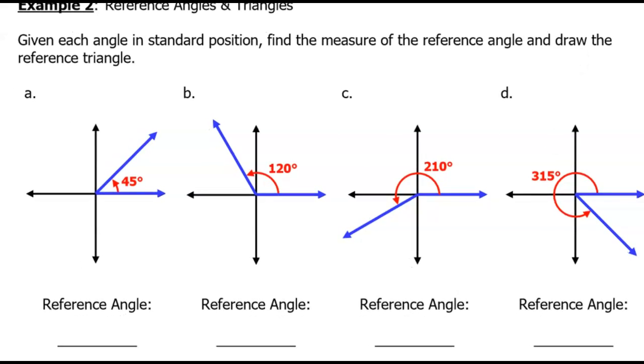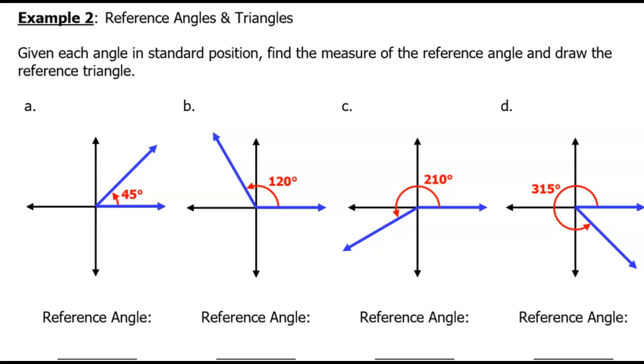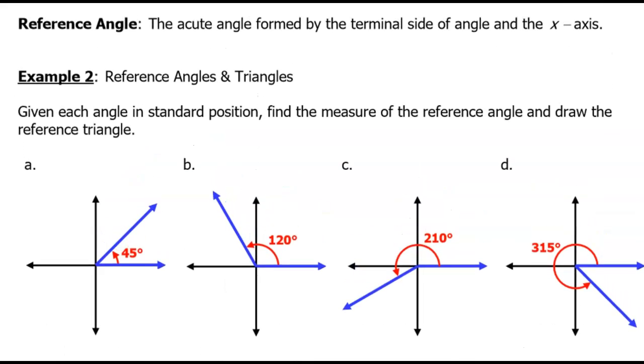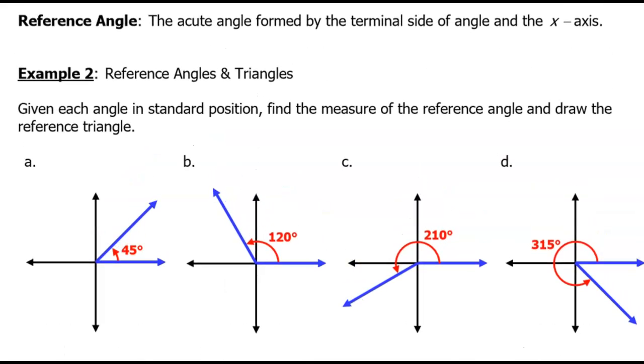So now we're going to learn about what is called a reference angle and reference triangle. A reference angle is the acute. Now, what does acute mean? Small, less than what? Less than 90 degrees.